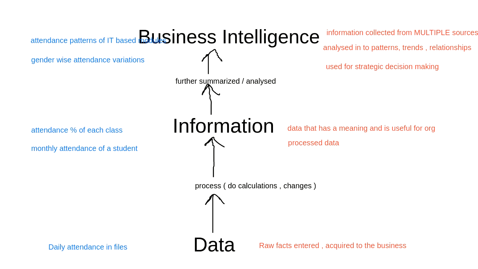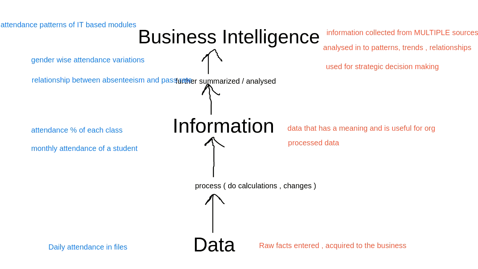Or else, let's say, the relationship between absenteeism, that means students not coming for classes, and pass rate. Hope you can understand. These are not just information.